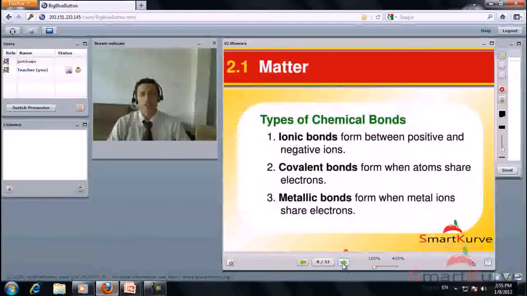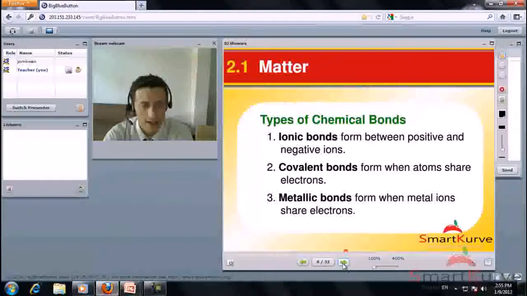All right, so let's look at slide 8. Types of chemical bonds. Ionic bonds form between positive and negative ions. We've talked about this in a previous lesson. A very good, simple example of this is salt, sodium chloride. In a sodium chloride bond, a sodium atom will lose an electron.